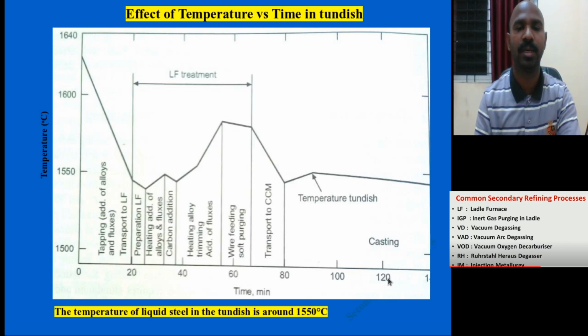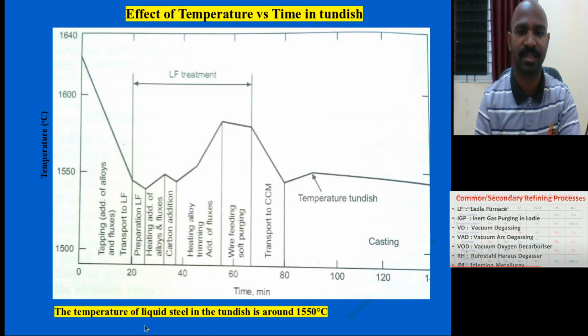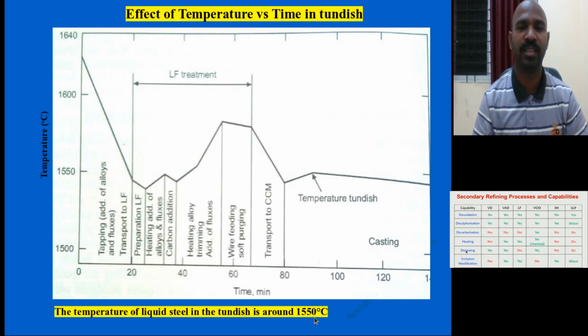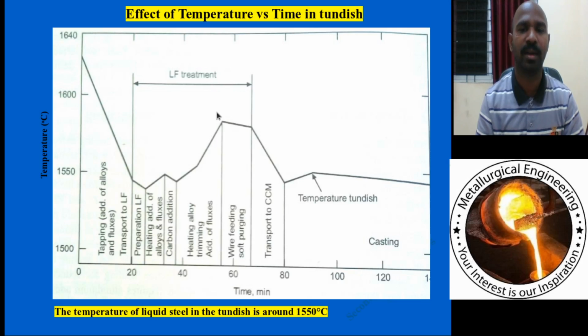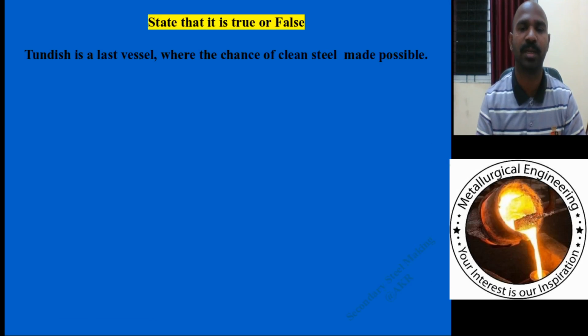After 120 minutes, the temperature is about 1550 degrees Celsius while pouring into the continuous casting mold. If somebody asks what the effect of temperature and time within the tundish is, one needs to draw this diagram and explain all these points, point by point, as I have told.